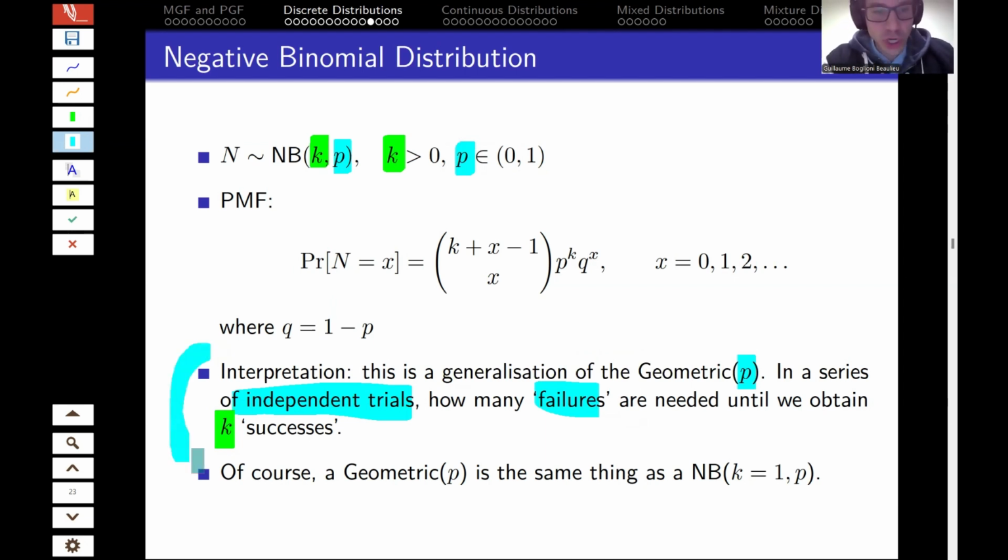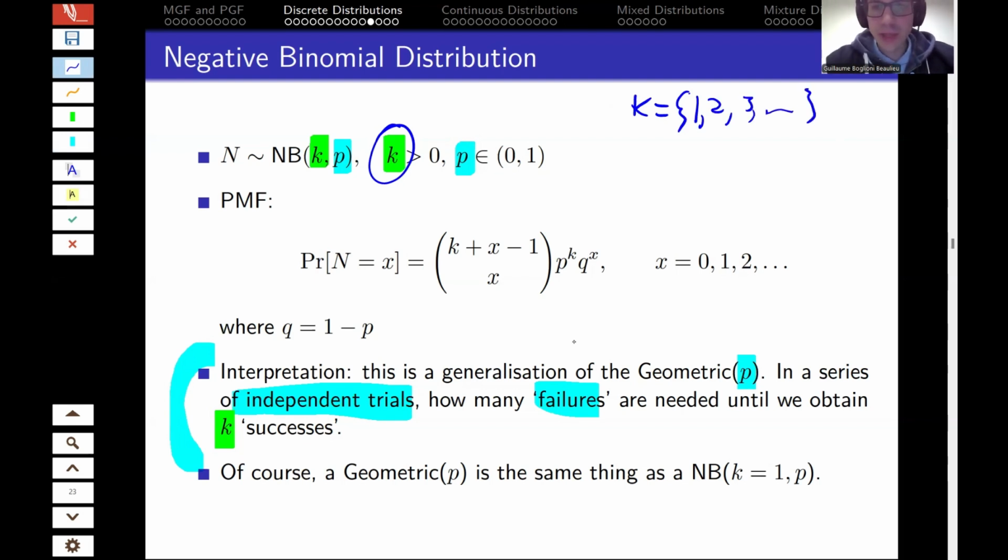More generally, the negative binomial counts how many failures I need to get the first K successes, where K can be 1, 2, 3, etc. In fact, I haven't written it here, but maybe I should have: in this version of the negative binomial, K can take values 1, 2, 3, etc.